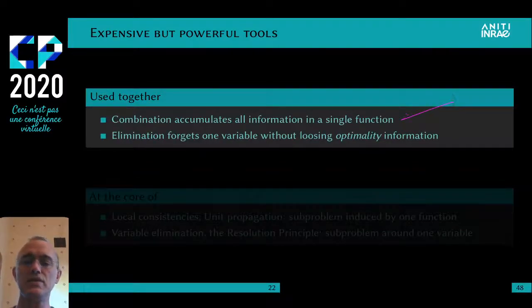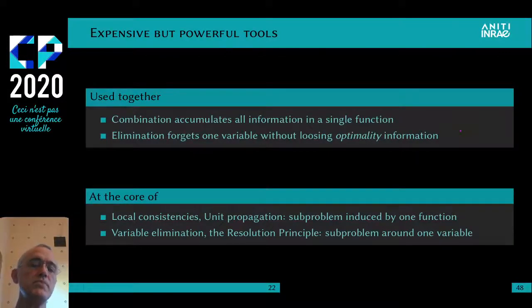Combination loses no information, of course, everything remains equivalent. Elimination loses a bit of information, but it preserves optimality because we assume that x1 will take its optimal value. And these two operations are actually at the core of two important families of operations: local consistencies and unit propagation in SAT, when we apply these operations on a sub-problem induced by one non-naive function.